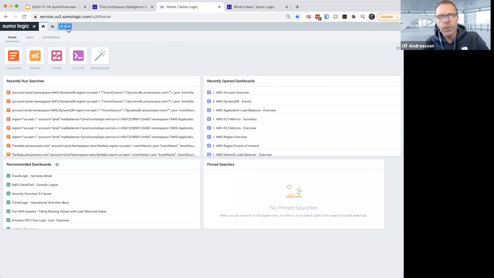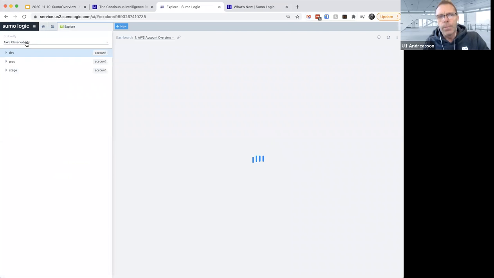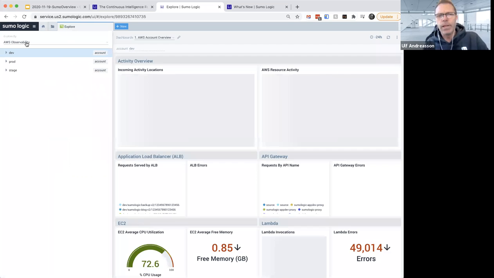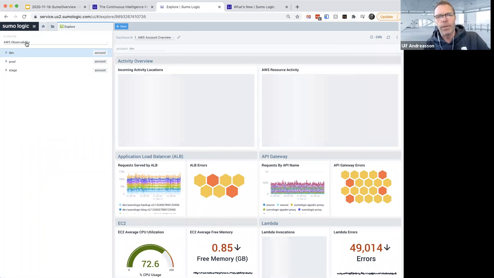So when you come into Sumo, what we'll effectively do is open up the Explorer. There's a multitude of tools you can use here, depending on what data sources we're looking at. But we can just open up the Explorer and get going there. This Explorer resembles a bit of the Windows Explorer, if I put it that way.